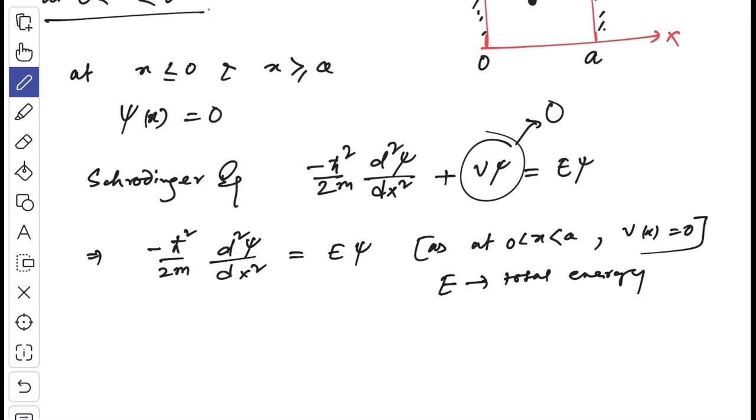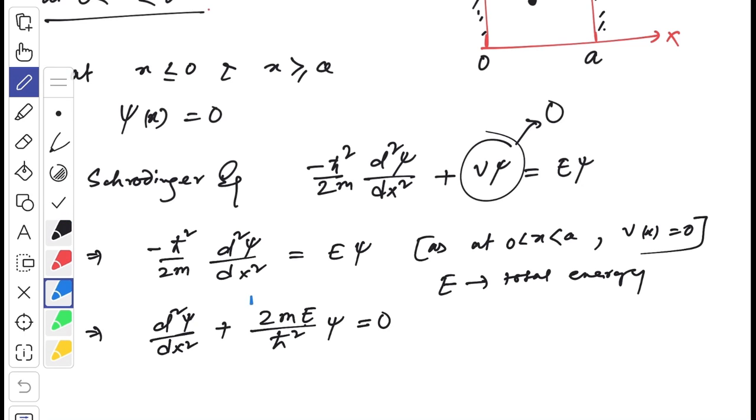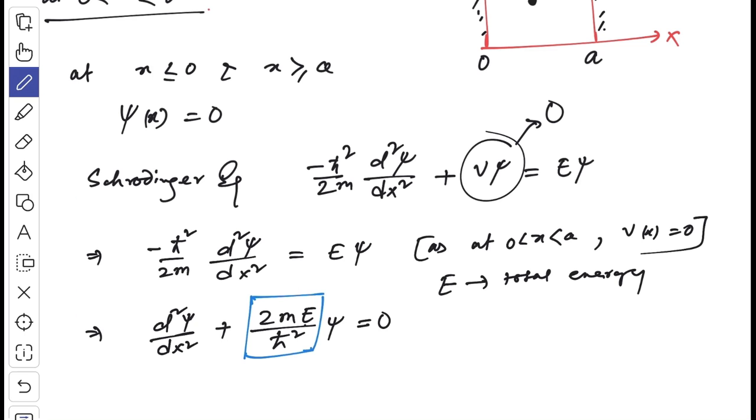Now you can simplify this equation in this form: second order derivative of psi with respect to x plus twice m E by h cut square psi is equal to 0. Let us consider this portion equal to k square.